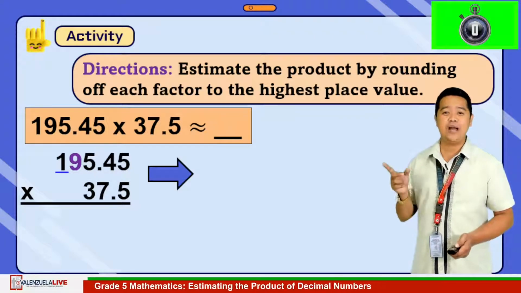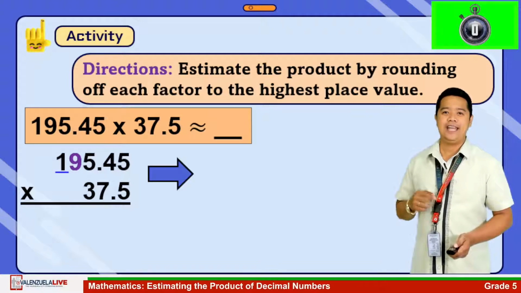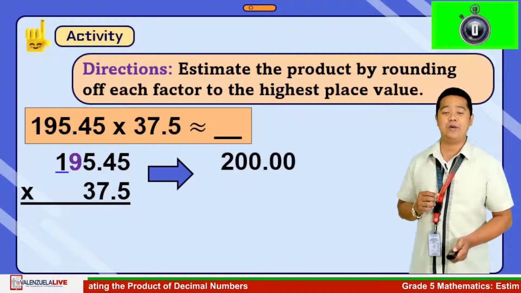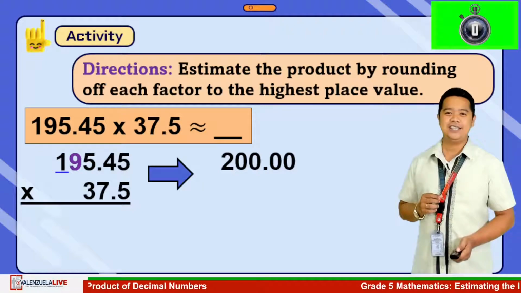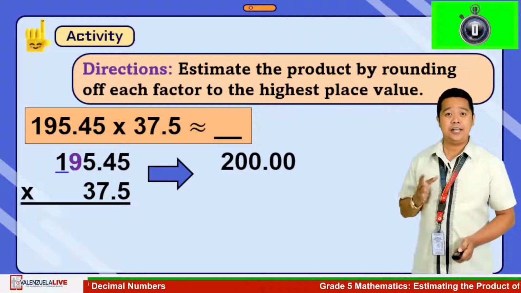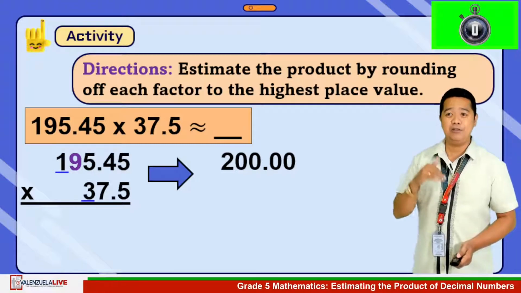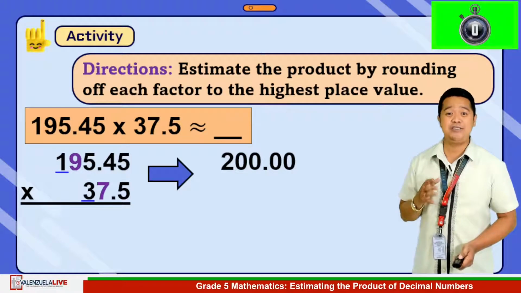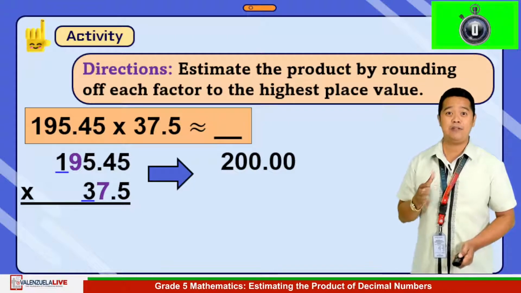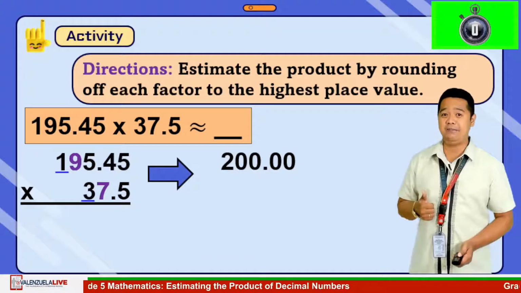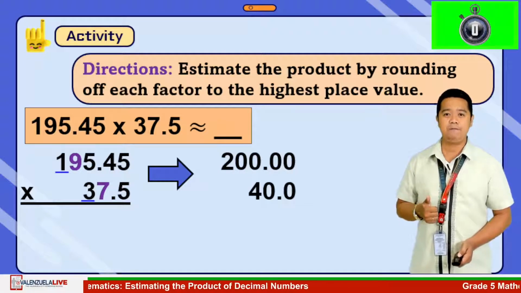So we will add 1 to 1, and then replace all the remaining digits by 0. It will become 200. Next, 37 and 5 tenths, the number to be rounded off is 3, followed by 7, which is greater than 5. Again, we will round up. Very good. So 37 and 5 tenths will become 40.